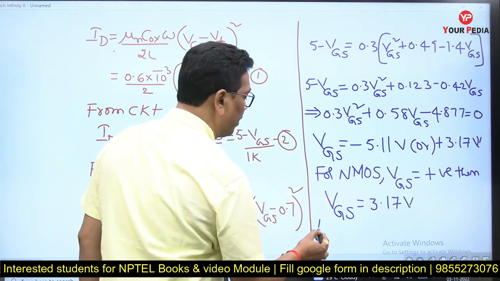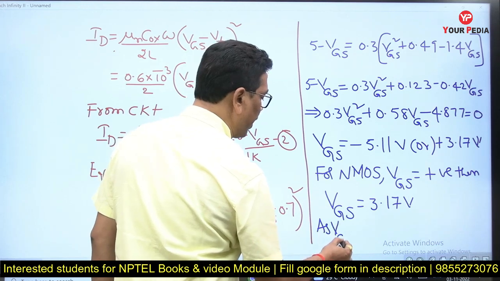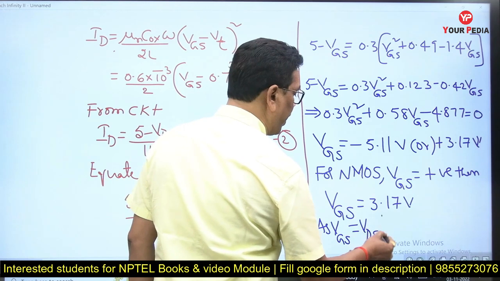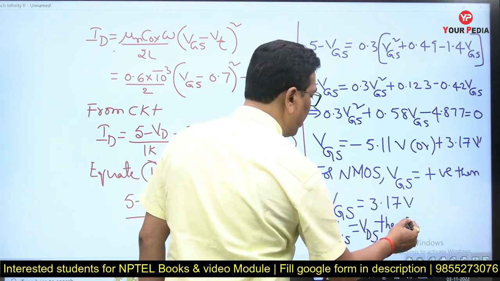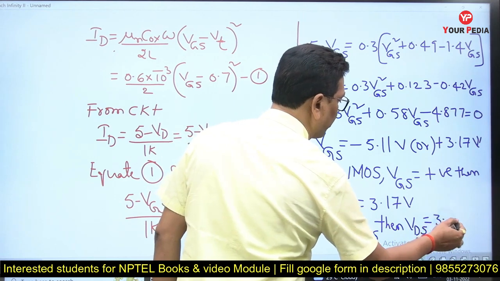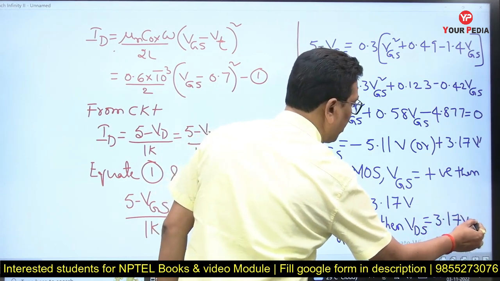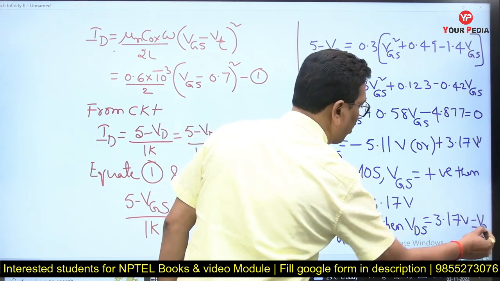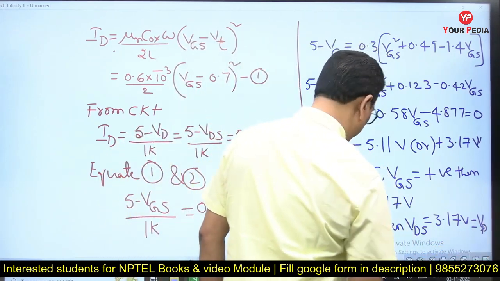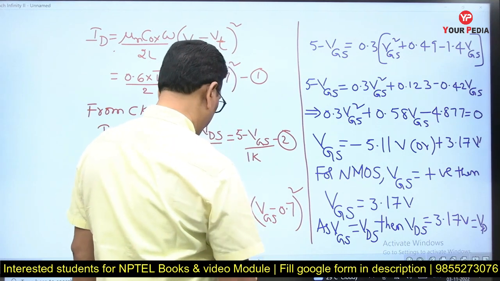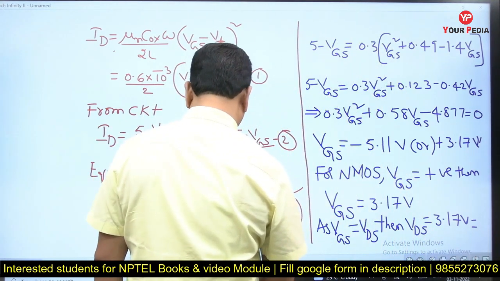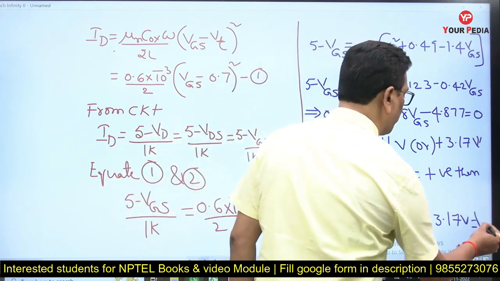Now you know that VGS equal to VDS, as VGS equal to VDS, then VDS also is 3.17 volt. VDS is nothing but the drain voltage, drain potential VD, sir.